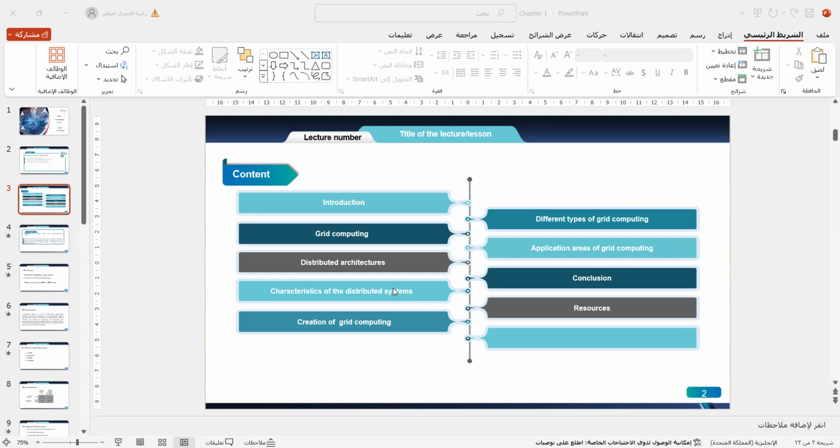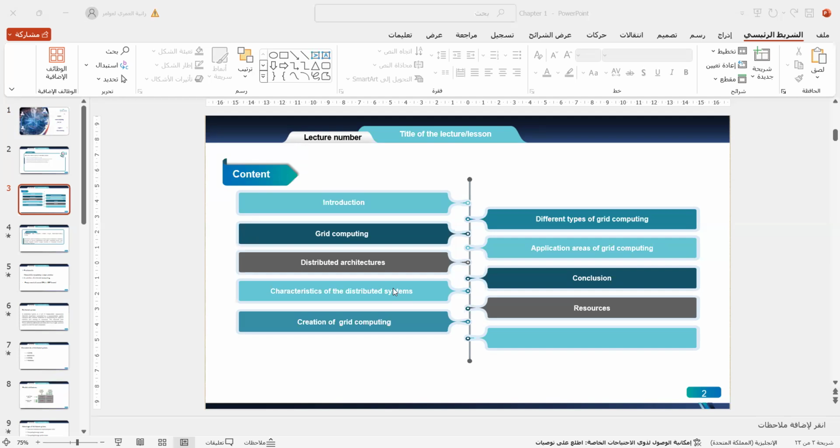This is the outline or the main content of this chapter, in which we will cover the following subtopics. We will talk about grid computing, also talking about distributed architectures, focusing on the main characteristics of the distributed systems.